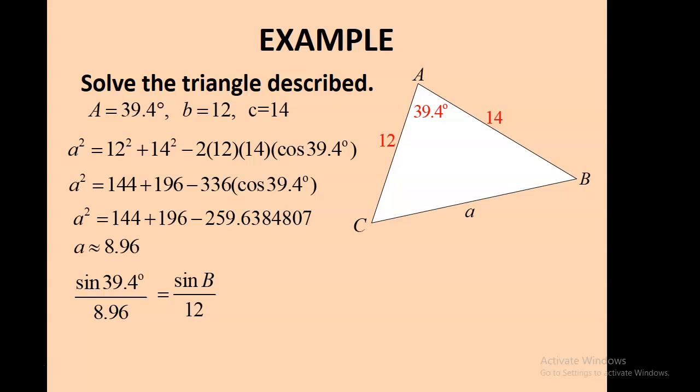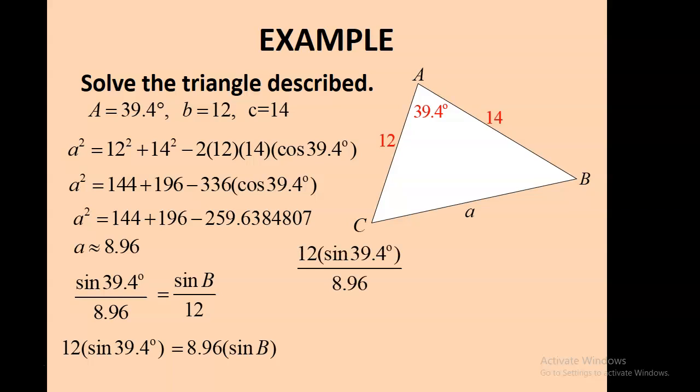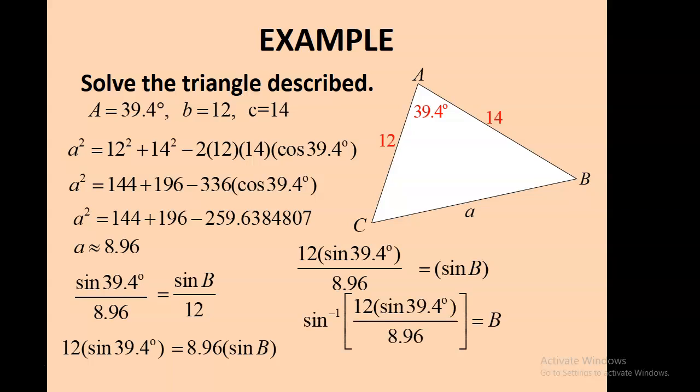And when we cross multiply, we get 12 times the sine of 39.4 equals 8.96 times the sine of B. We divide by 8.96, and that leaves us with sine B. To find B, we're going to take the arc sine, and that would give us the value of the angle B, and that is a measurement of 58.22 degrees.